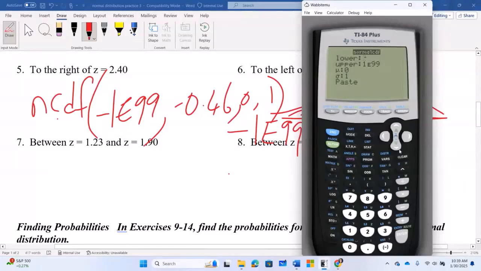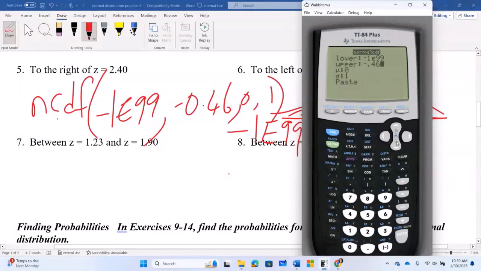I'm just going to clear first. And then I'll put negative 1. Then how do I type e to power 99? Second, comma, 99. And then the upper bound is negative 0.46.